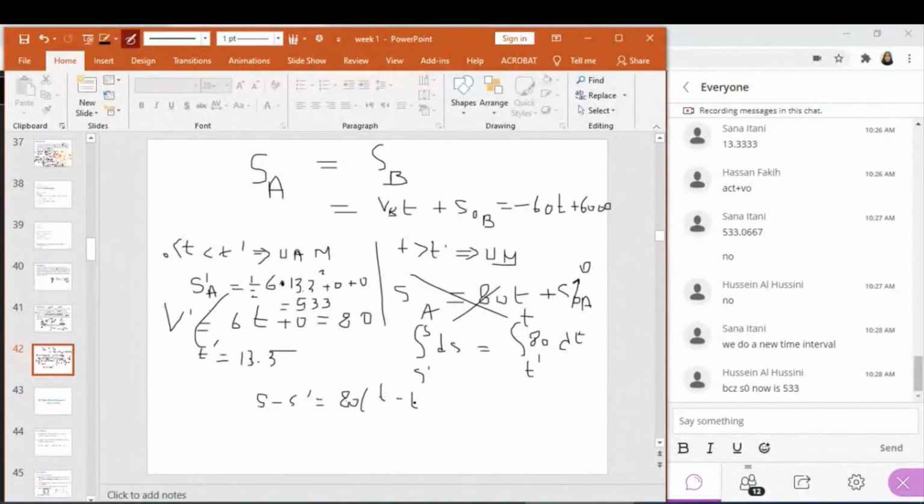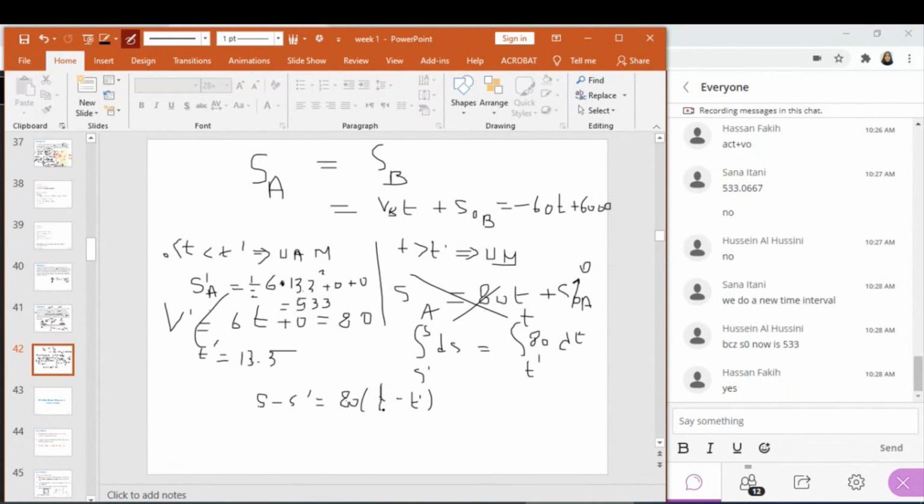Did you recognize the difference between this correct equation and this incorrect equation? The difference is that here I have t minus t prime. This means that SA will be equal to 80 times t minus 13.3 plus S prime, which is 533. So this is the equation of SA.